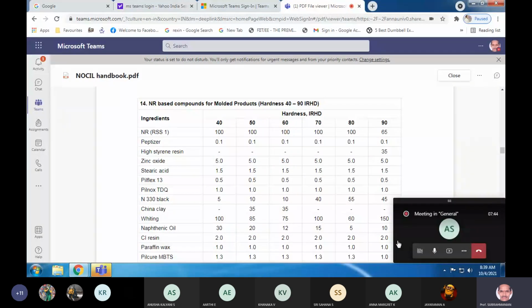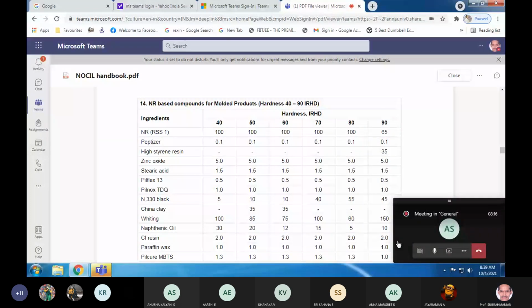It flows smoothly and it controls the nerviness so that film formation is a lot easier. On standing, this high styrene, being a thermoplastic, solidifies and adds to the hardness. That is for the 90 hardness. And the remaining up to 80 IRHD, we put them under soft vulcanizates.